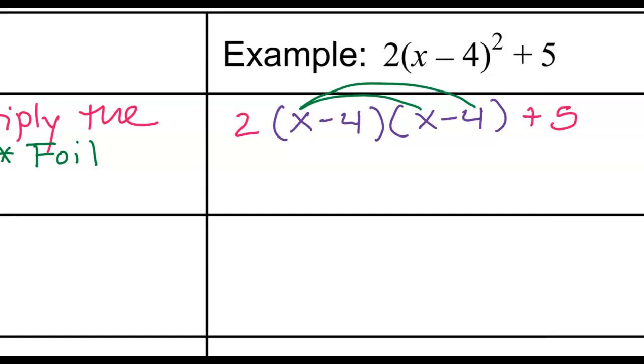X times x gives us x squared. And x times negative 4 gives us negative 4x. And then we have to multiply that negative 4 times everything in the second set of parentheses. Negative 4 times x gives us negative 4x. And negative 4 times negative 4, 16.